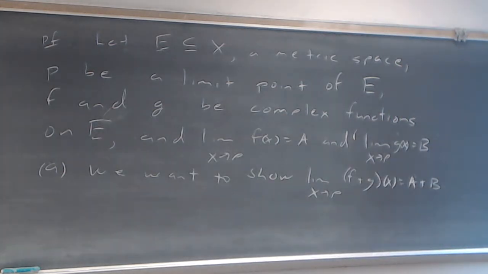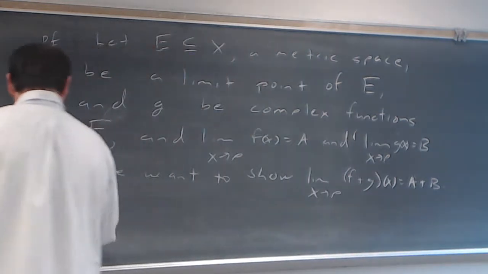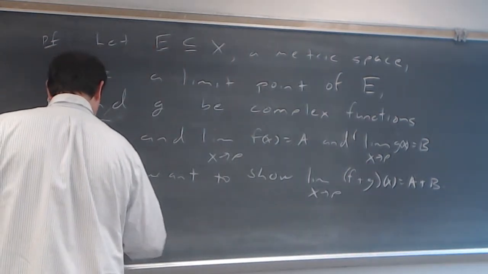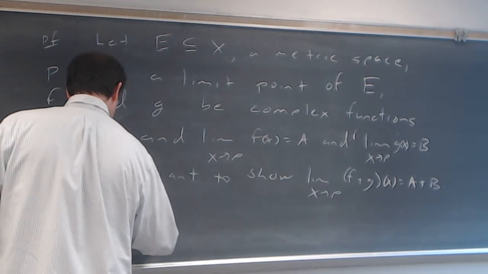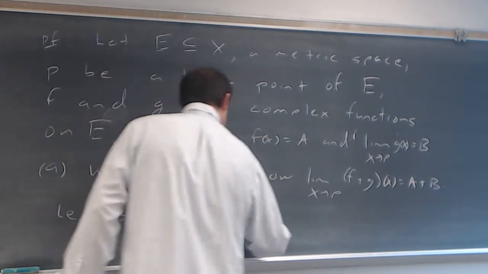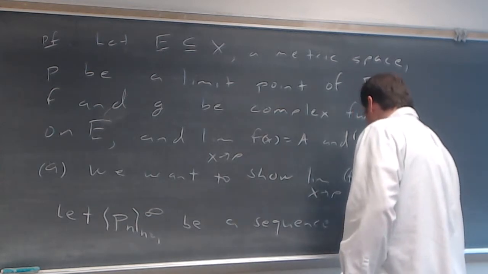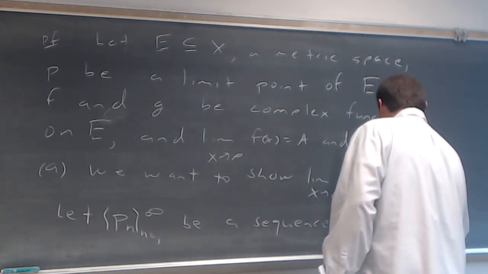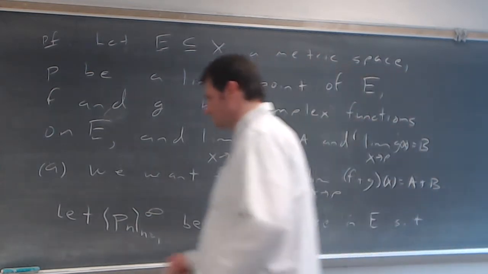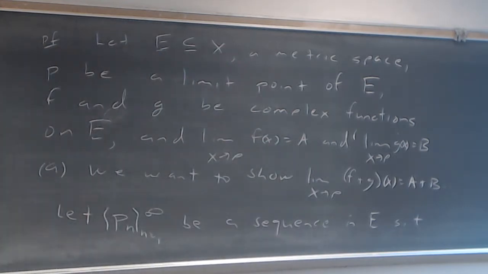Okay? So here's what we're going to do. We're going to let p sub n be a sequence in E such that, so we're looking to use the sequential criterion for function limits.